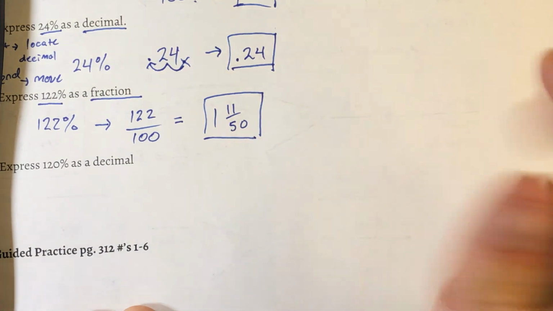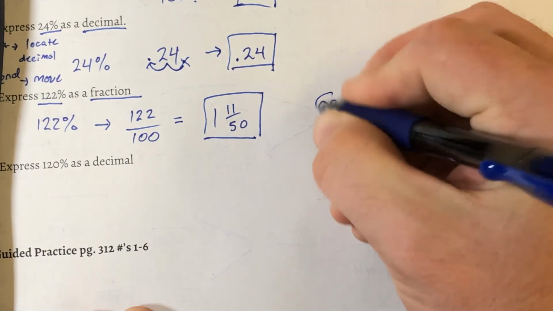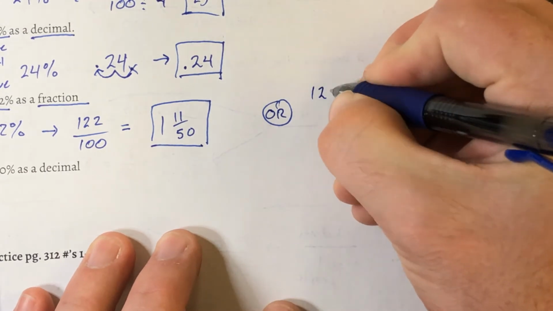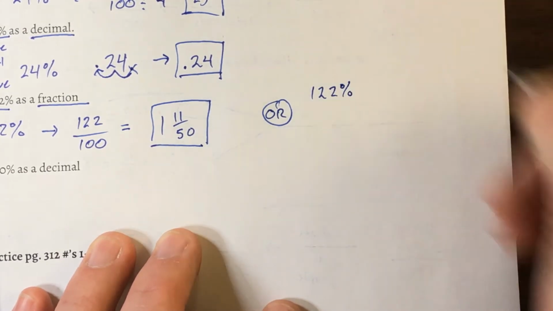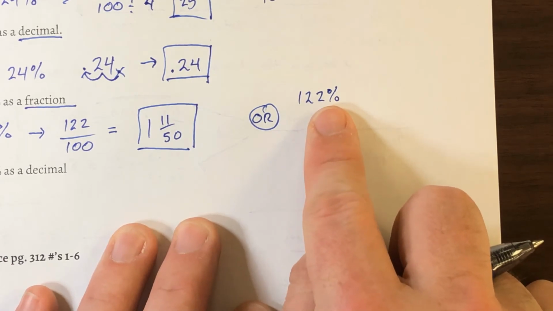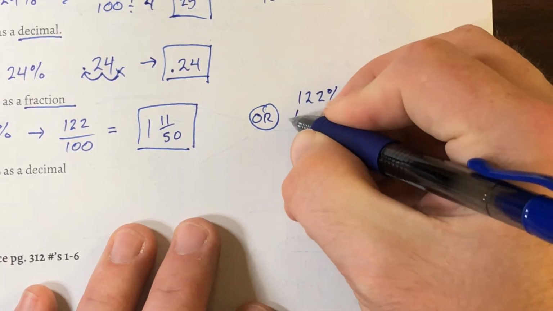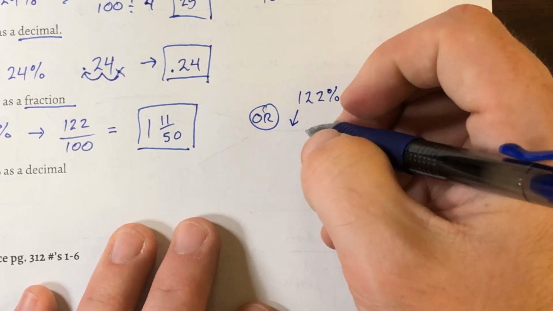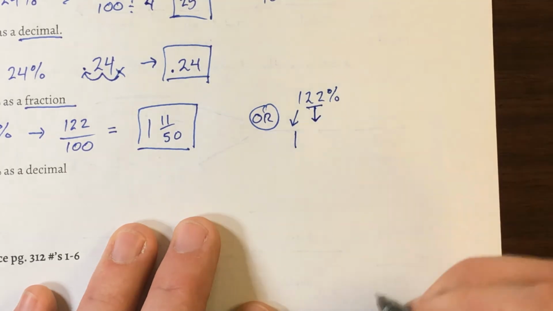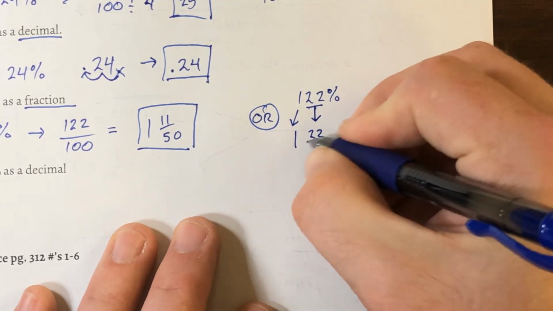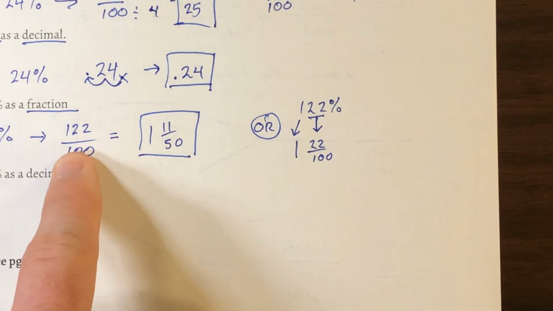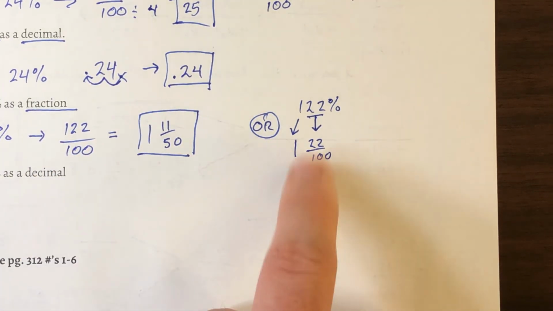So I'm going to show that a little bit over here. So I have 122%. Anytime you have a number over 100% and you want to change it to a fraction, break your numbers apart. So the 100 becomes one whole. The 22 part becomes 22 out of 100. So if you were to do long division, 122 divided by 100, you're going to come out to this answer.